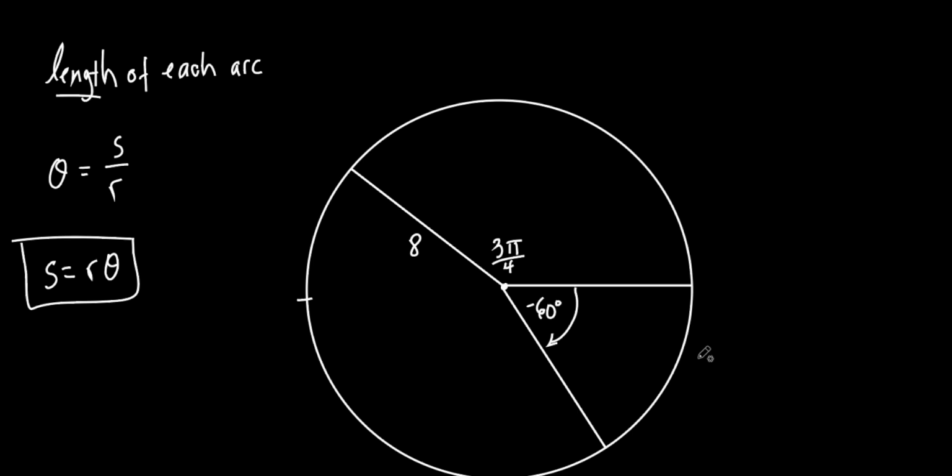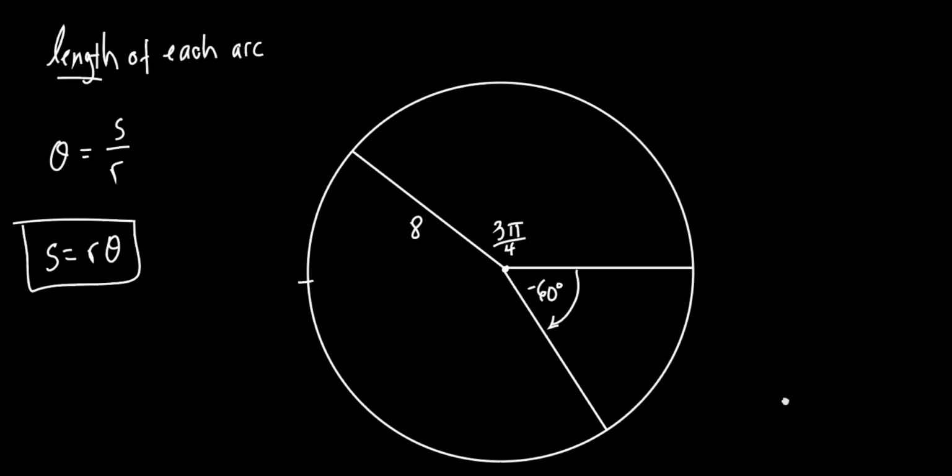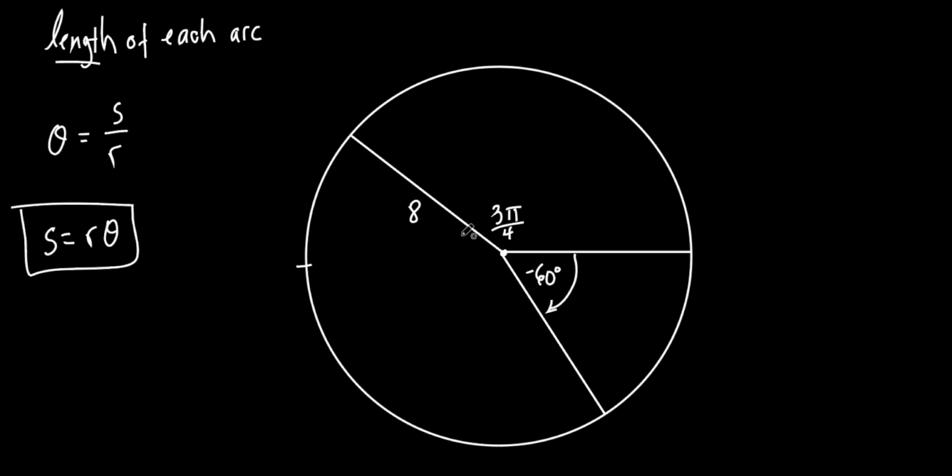Do I know the radius of this circle? Yeah, it's 8. That's what the 8 represents, the radius of the circle. Theta is your angle, obviously. I put arc A and arc B. So what does that represent?